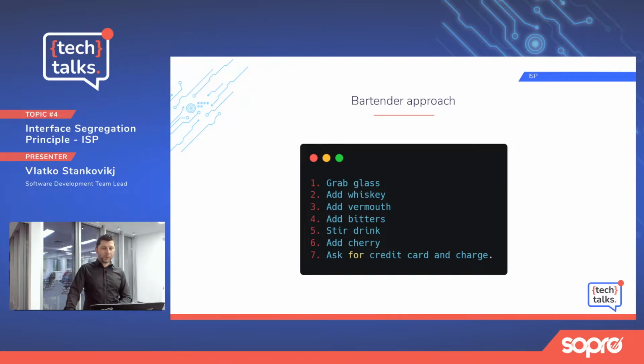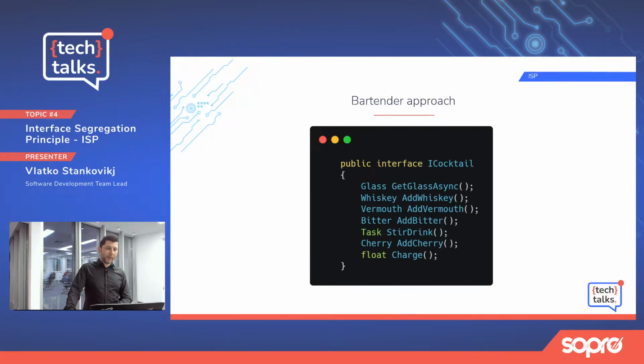So how would a typical cocktail interface look? Basically, taking the bartender approach, we have a glass, we have an ingredient called whiskey, we have another ingredient, some bitters, we have a task to stir the drink, we have another ingredient, and we have another method to charge the customer for that.